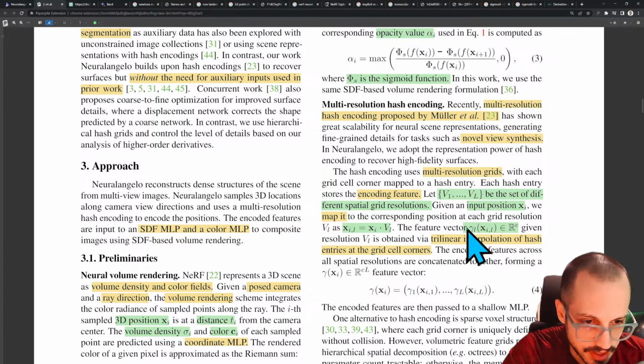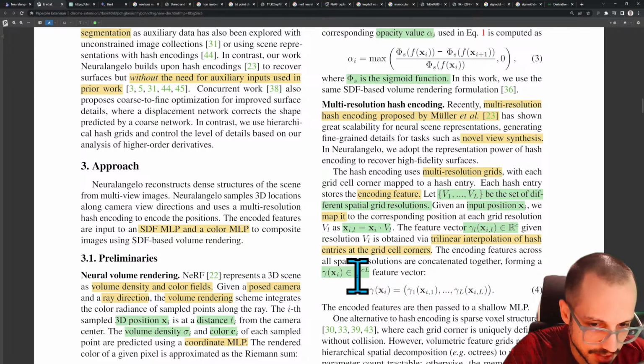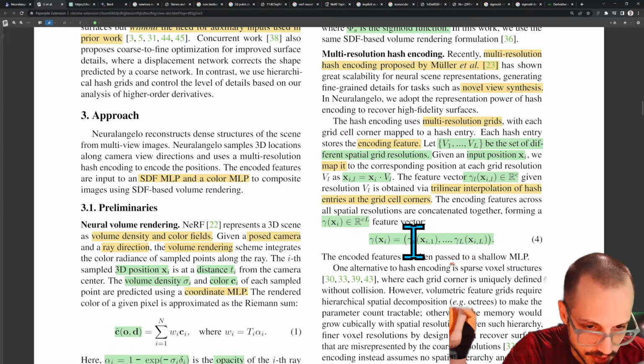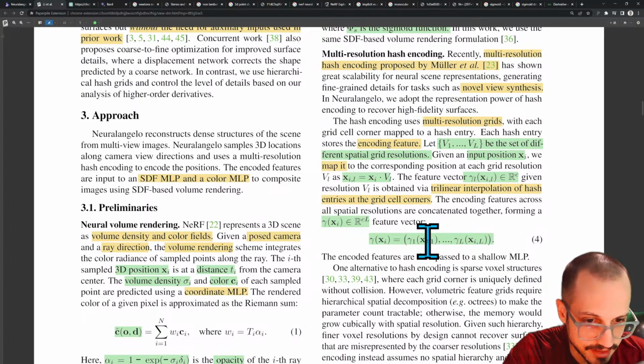Each single resolution feature vector, we're going to combine into one feature vector that's basically the concatenation of all those feature vectors. So you see how this dimensionality C becomes dimensionality C times capital L because there's L total sets of grids, right? And this is basically just showing you here's a concatenation: the feature at xi is equal to the feature for grid 1 at xi all the way to grid L at xi.